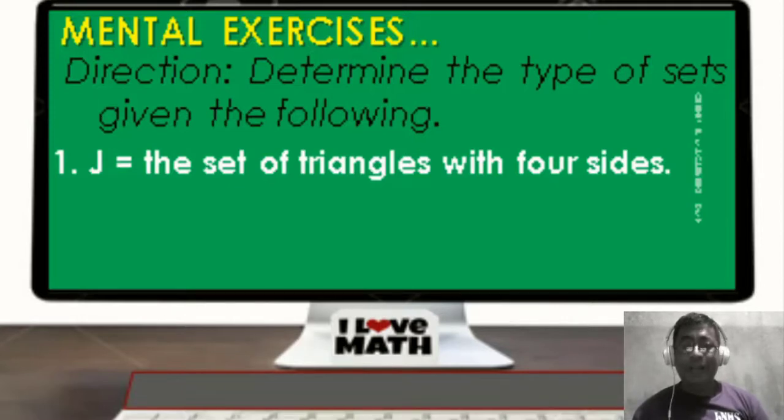Question class. How many sides do a triangle have? That's right. A triangle has 3 sides. So there is no such thing as a triangle with 4 sides. So therefore, set J is a null set.